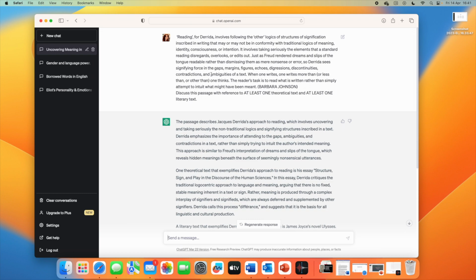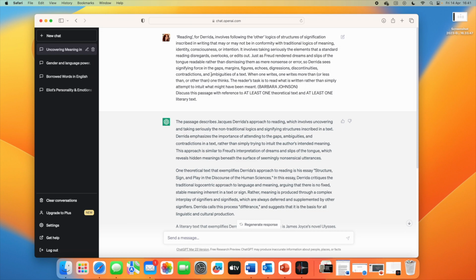Reading out the question: reading for Derrida involves following other logics of structures of signification inscribed in writing that may or may not be in conformity with traditional logics of meaning, identity, consciousness, or intention. It involves taking seriously the elements that a standard reading disregards, overlooks, or edits out, just as Freud rendered dreams and slips of the tongue readable rather than dismissing them as mere nonsense or error.